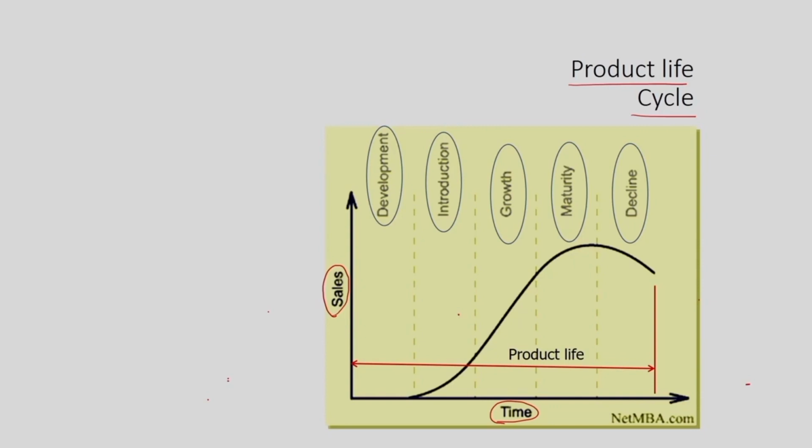At that particular moment the enterprise has to look at the feedback given by the customers and come up with a newer product, an improved version of the product, to survive in the market. So, this total duration from the development of a product to its decline in the market is the product life.